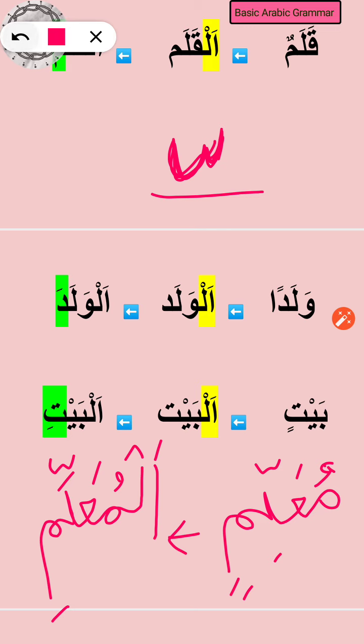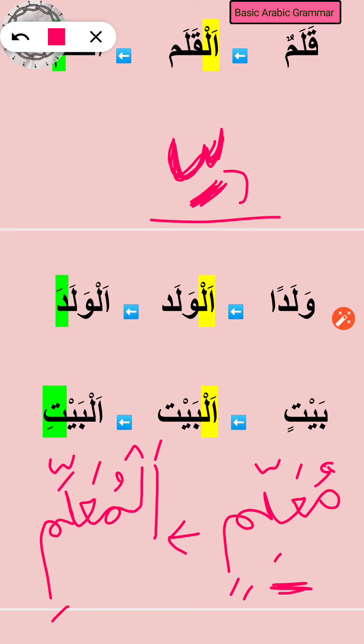However, in some scripts, if you find this kasra or the zir below the tashdid, then that is counted as a kasra. So you can see it here. Over here we have the kasra which is below this letter.